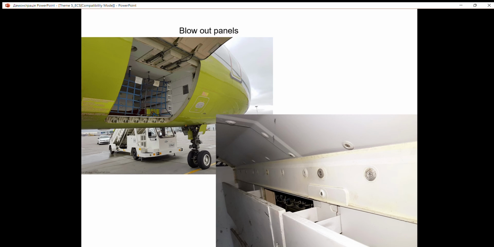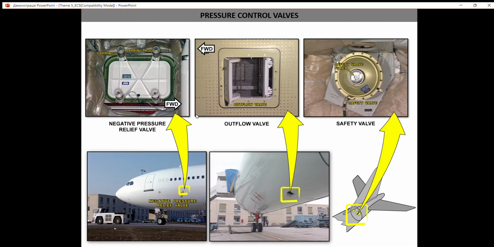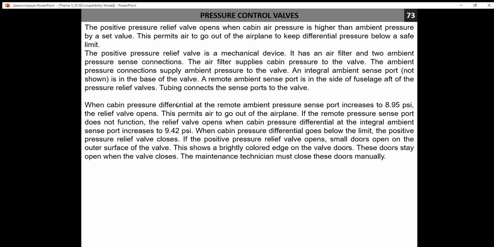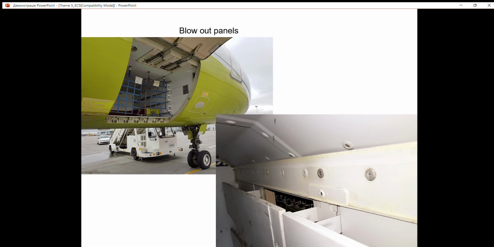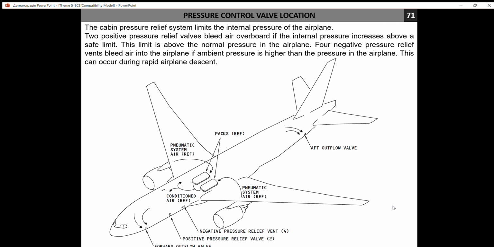Again, if you have a decompression, they avoid any collapsing of the walls that separate compartments at the underfloor level. They will be blown out by this pressure difference, and you will obtain direct access from one compartment to the other.